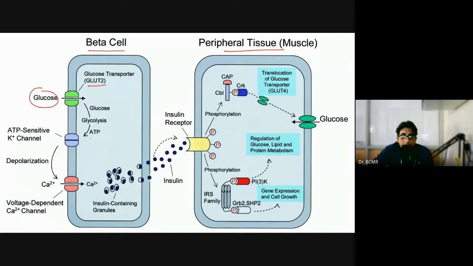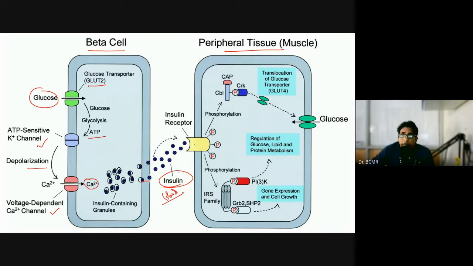GLUT2 takes up, ATP increases, ATP acts on the potassium channel, membrane depolarization, voltage dependent calcium channel opens up, calcium ions enter into the cytoplasm, because of which insulin containing granules bind to the cell membrane, releasing insulin into the blood.